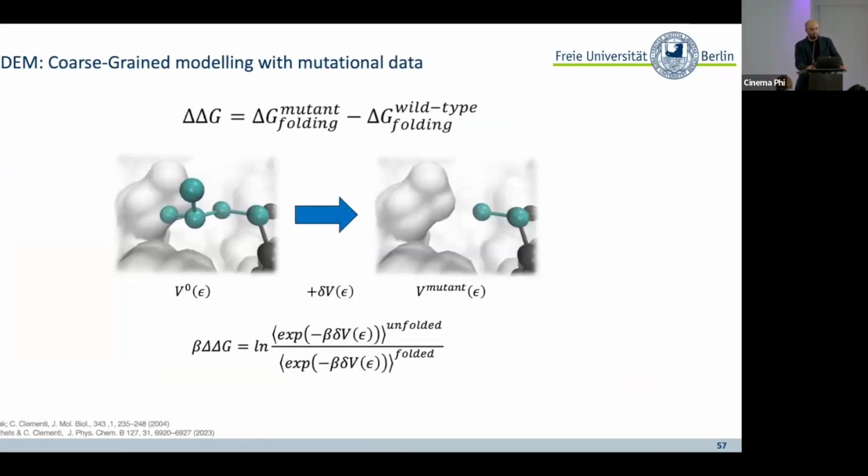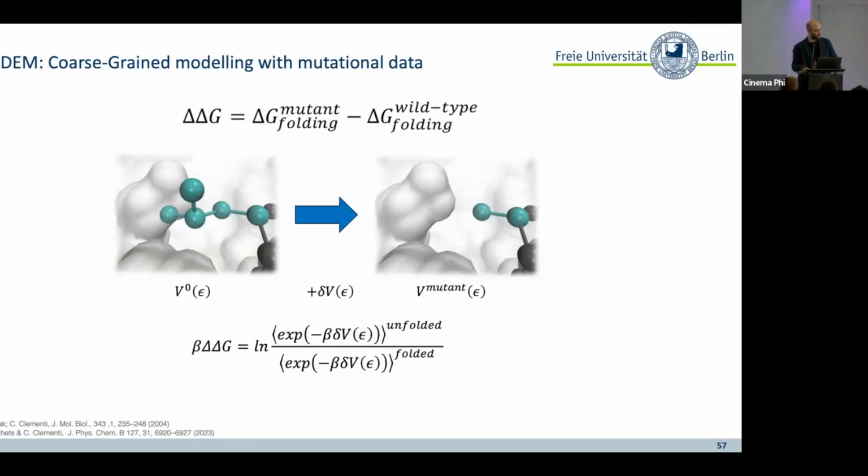We use as target observable delta G prediction, the difference in free energy between folded and unfolded state change upon mutation. And we found this is a good candidate for this method, because for coarse graining, computing delta G is very cheap.